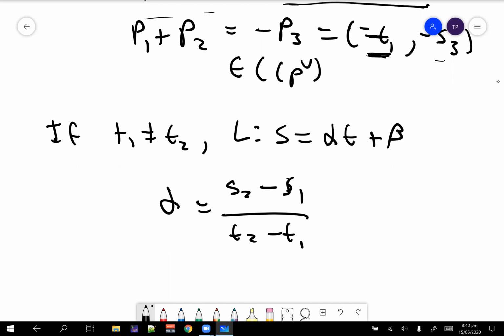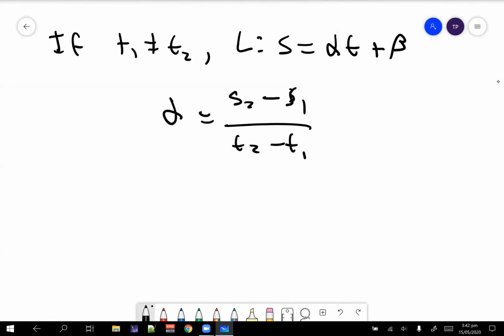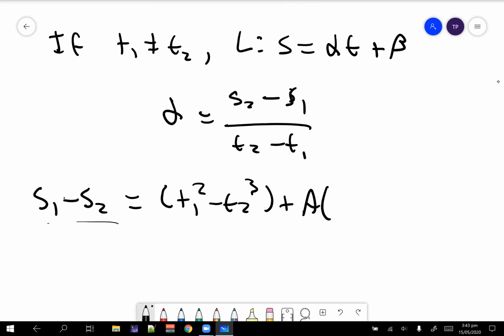Then also, if we look at the equation for C, recall that C was just a cubic. So we have s on one side of the cubic and we have all the t's on the other side, so we can easily find s1 squared minus s2 squared, and that's just t1 cubed minus t2 cubed plus a times (t1 minus t2) s2 squared, blah, blah, blah.